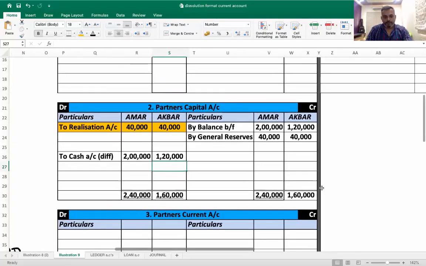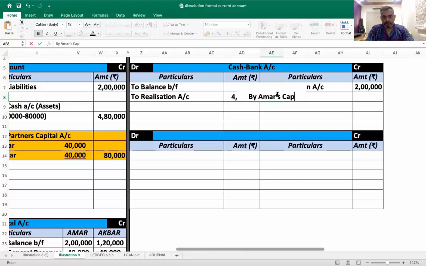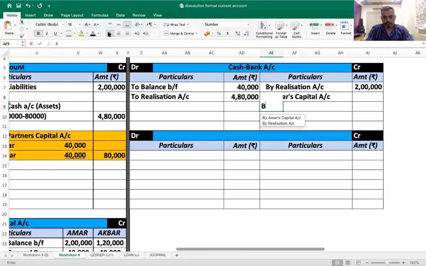So transfer this by Amar's capital account, by Akbar's capital account.